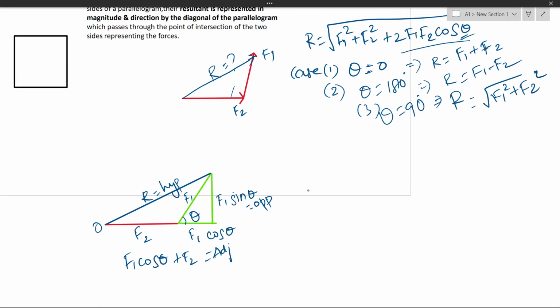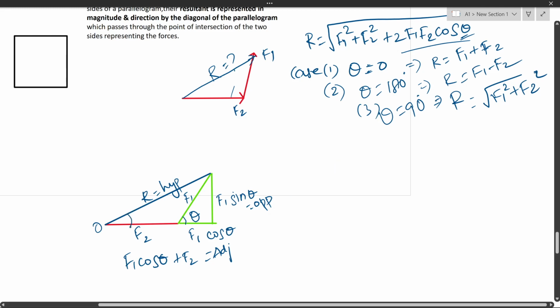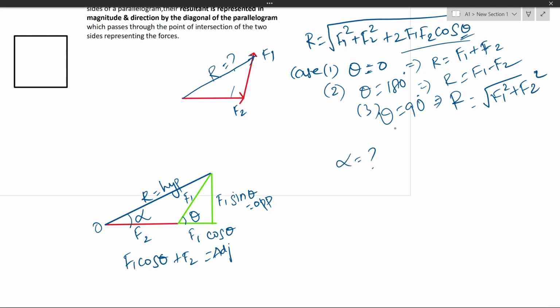Another important thing in this law is that we should find the angle of the resultant force. Let's consider it as alpha. What is the value of alpha? That is also important, because for the resultant we should find the magnitude and also the angle of action.